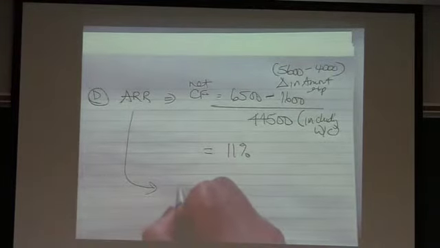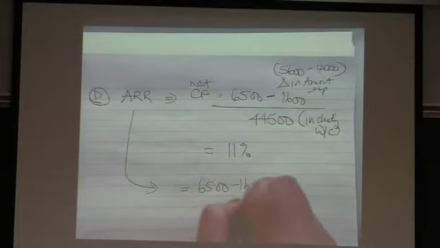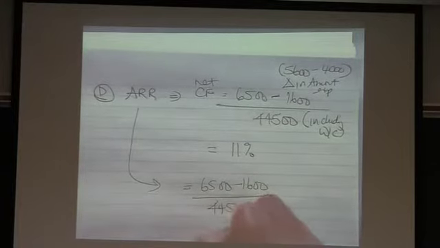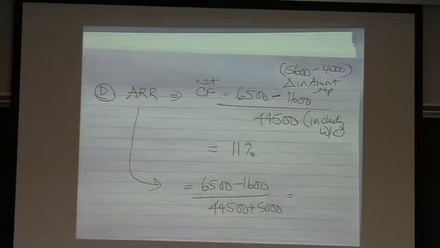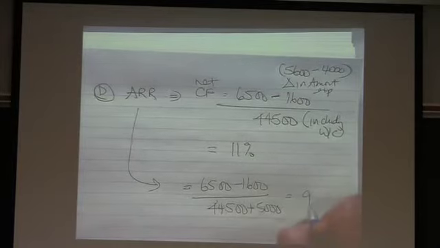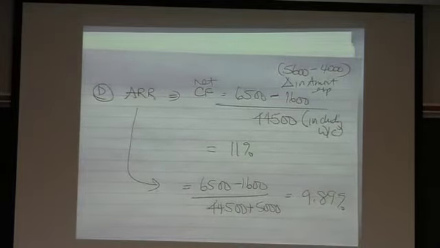Or we could do it this way, 6,500 minus 1,600 divided by 44,500 plus the 5,000, which is the 49,500, which gives 9.89%. Okay.